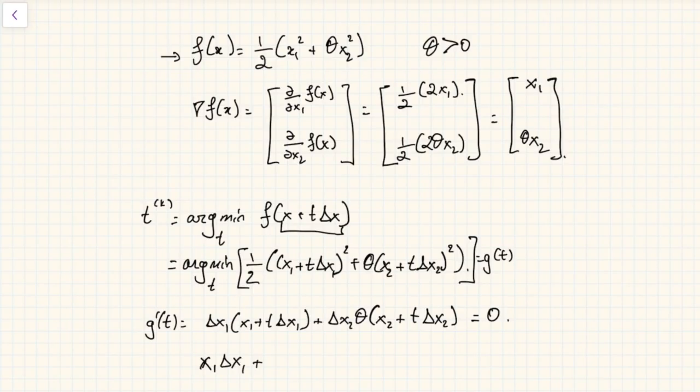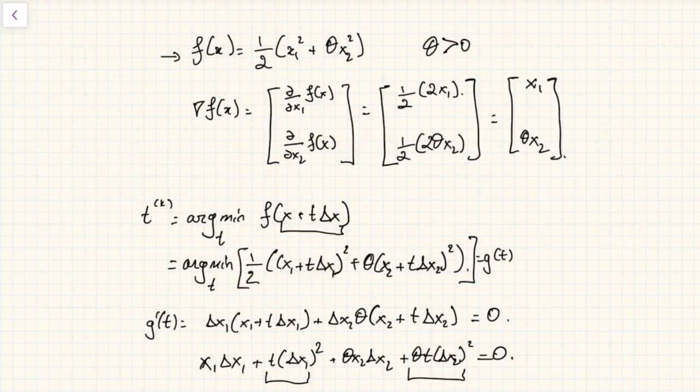So x1 times Δx1 plus t Δx1 squared plus theta x2 times Δx2 plus theta t Δx2 squared, all equal to 0. The terms depending on t are these, so we'll keep them on the left hand side and factor with respect to t.